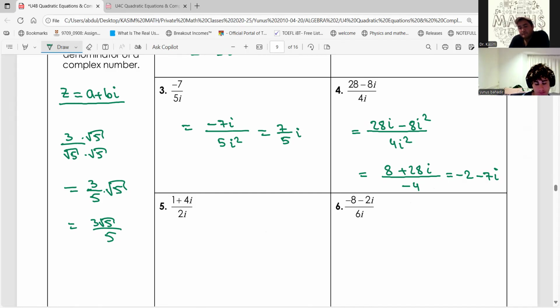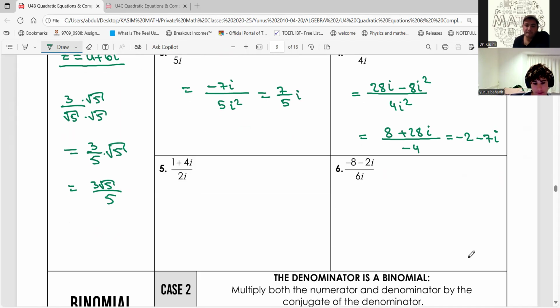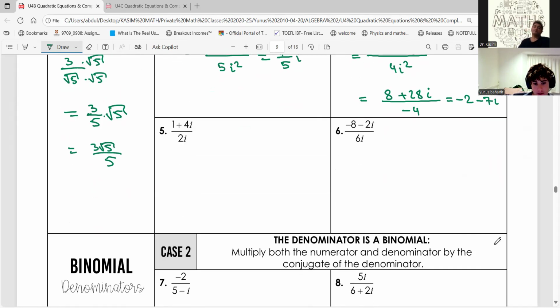Number 5: you do 1 plus 4i squared. Multiply i plus 4i squared over 2i squared. Simplify this.